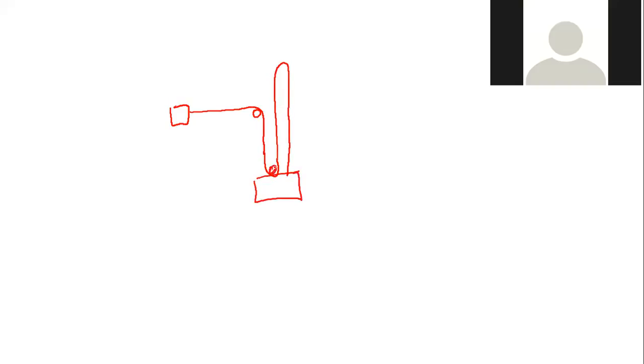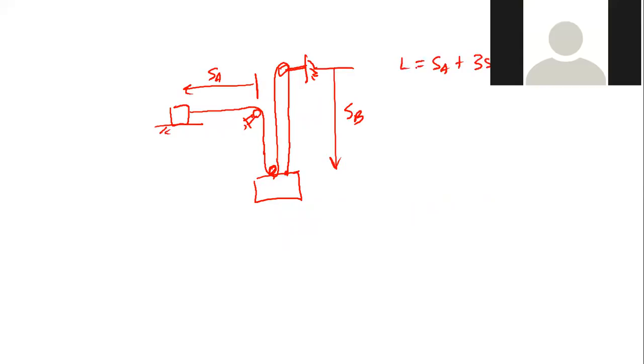So in here, when you're setting up your L1, typically we would do it like this for an SA, because that's a fixed point, and then we go down here for the SB, right? So when we did all that, we ended up saying, well, it's really SA plus 3SB is going to equal what my length is, plus the constants.